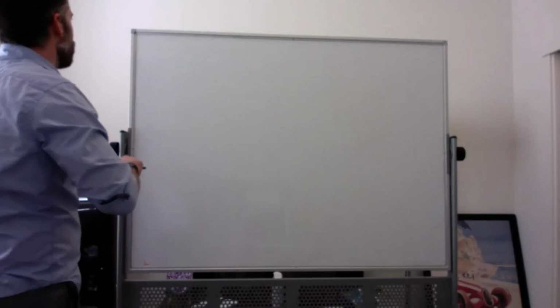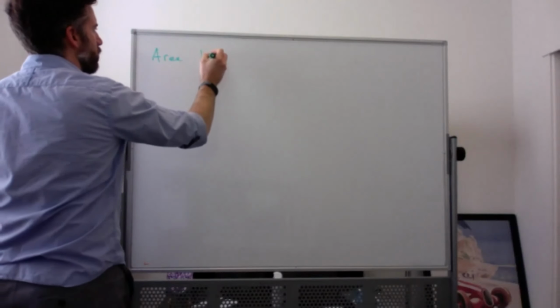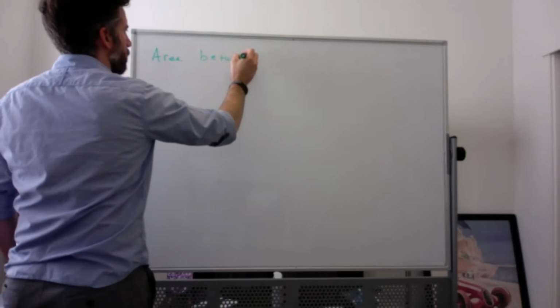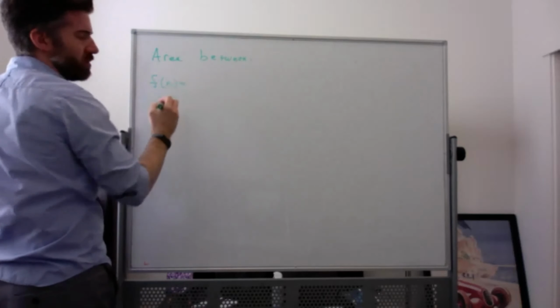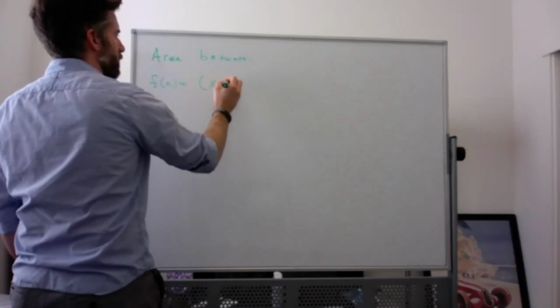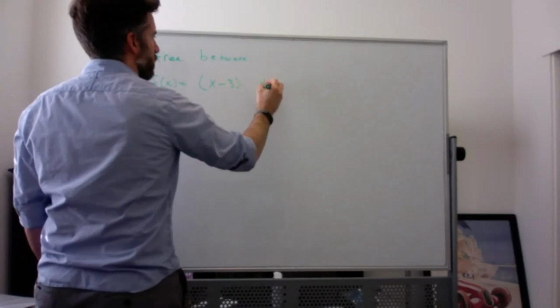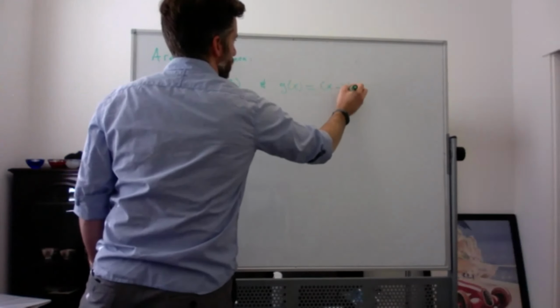All right, so between these two curves, f of x equal to x minus 3 and g of x equal to x minus 3 squared.